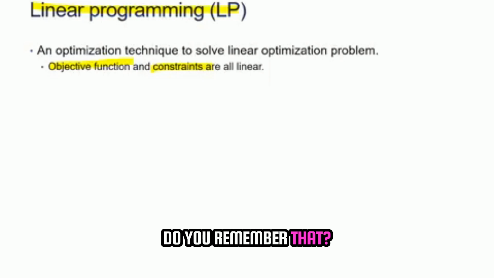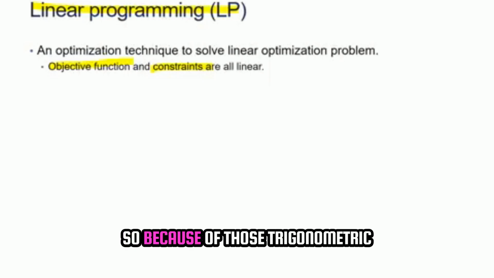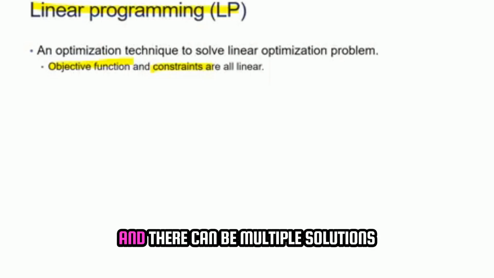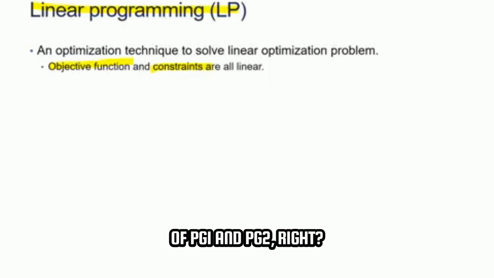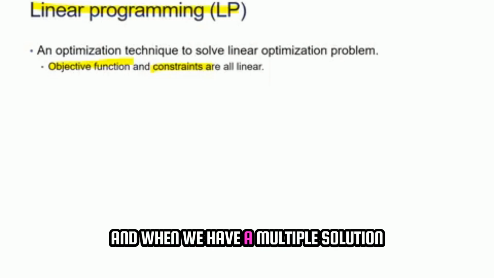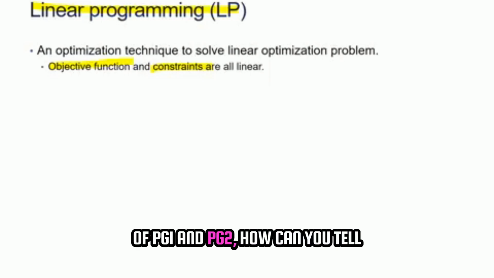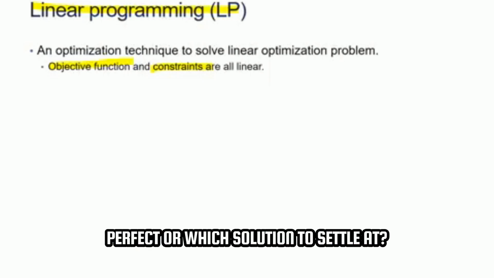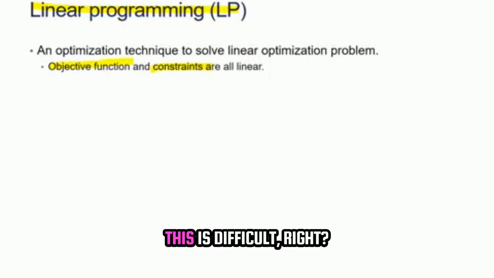Do you remember that? Because of those trigonometric constraints, this problem is non-linear, and there can be multiple solutions of PG1 and PG2, right? And when we have multiple solutions of PG1 and PG2, how can you tell a generator which solution is perfect or which solution to settle at? This is difficult, right? Practically, it is not possible.